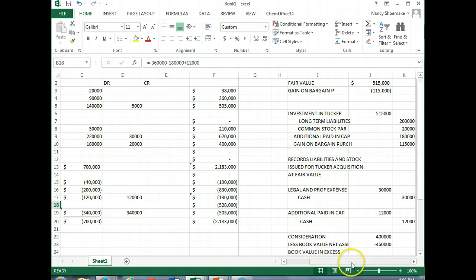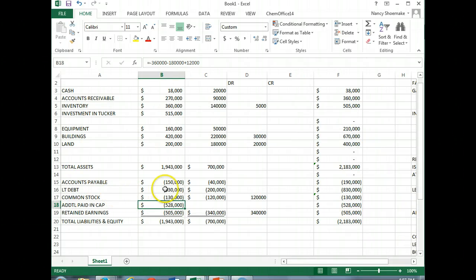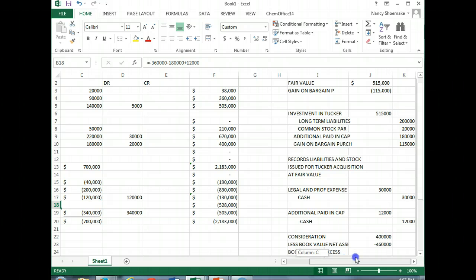Our long-term liabilities were previously 430 with the main company. If we add 200,000, we're up at 630. So basically, I should have created another thing to show what the book says, and then adjustments to then come up with the new balance after they acquired it.